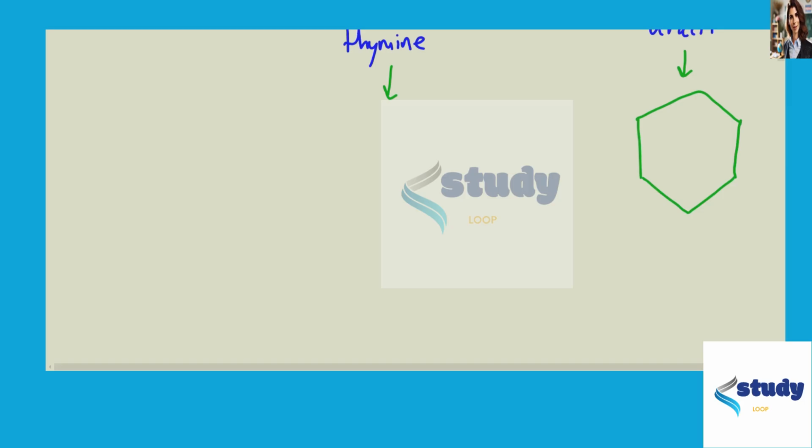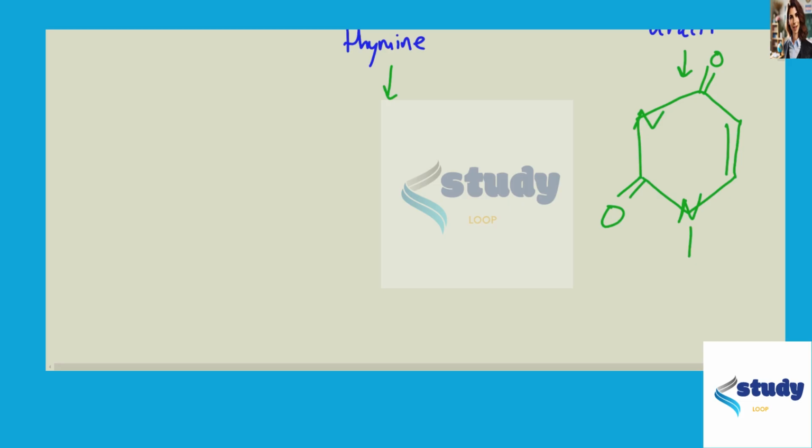There's a double bond right there. Okay, we have a double bonded oxygen over here. We've got a nitrogen right there. It goes off to form a methyl group right here. Another double bonded O, and we have another nitrogen right here.